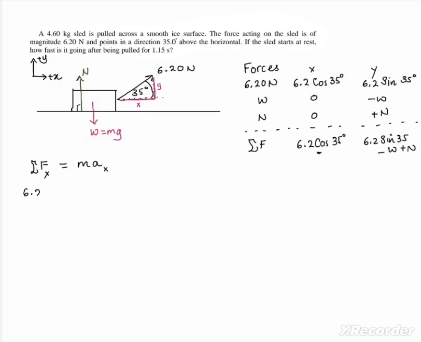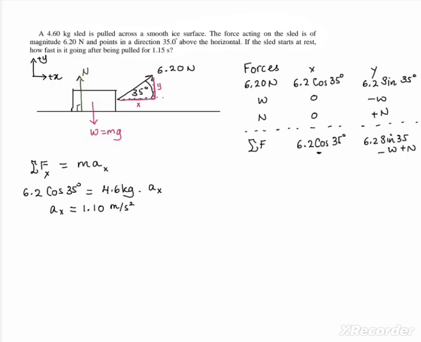So we have 6.2 cosine of 35 degrees equal to the mass, which is 4.6 kilograms, times the acceleration in the x direction. And this gives us ax equals 6.2 cosine 35 divided by 4.6, which is about 1.10 meters per second squared. So that gives us the acceleration.